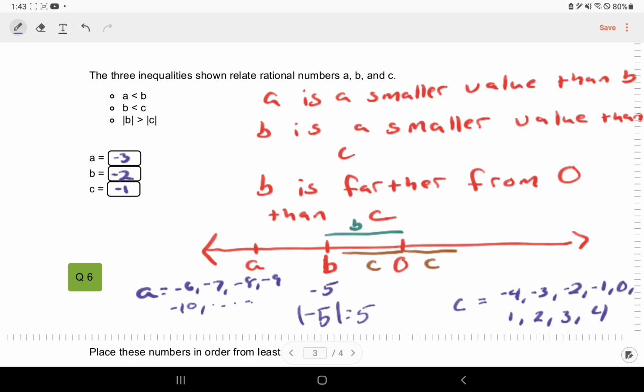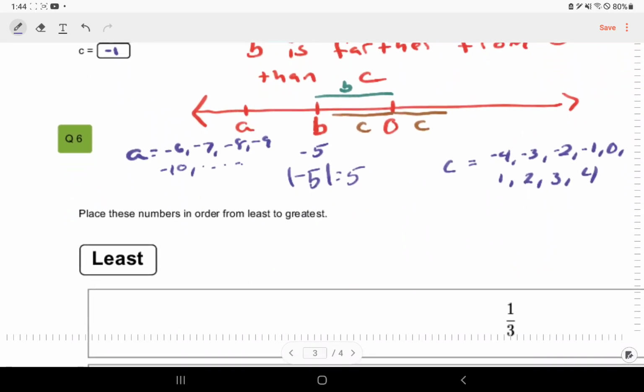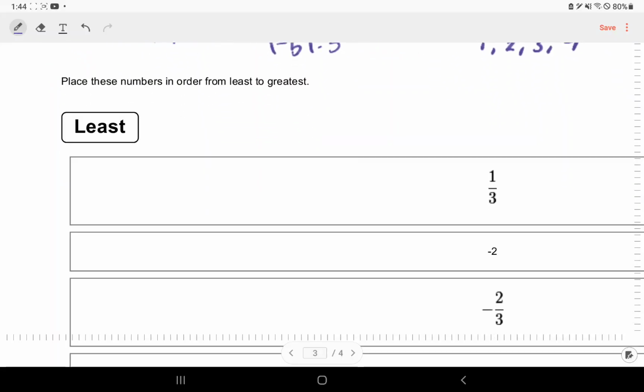And so -3, -2, -1. And I'm done. Or -5, -4, -6. So -6, -5, -4.